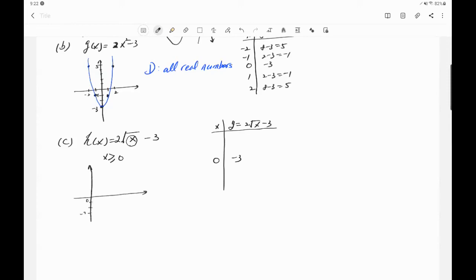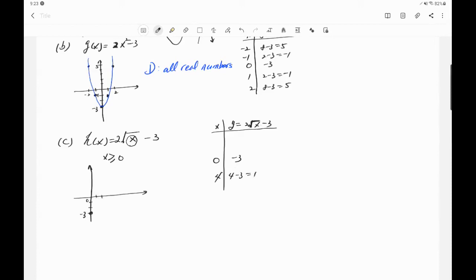1, 2, 3, right? Okay, x equals, this time let's use 4, because in order to remove the square root, we need the perfect square number inside, so 4. If x equals 4, then 2 times 2 is 4, so 4 minus 3 is 1.